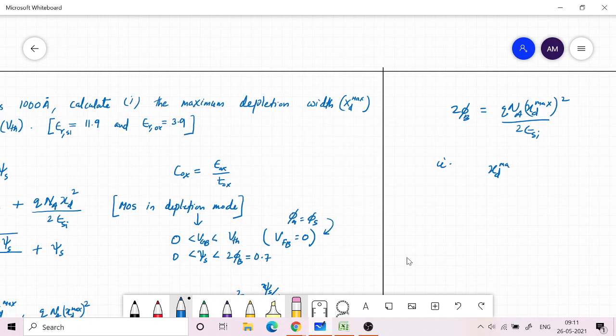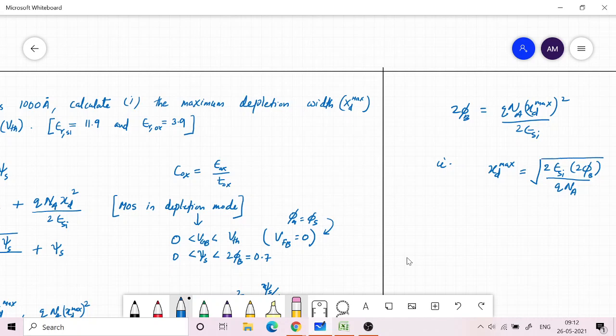XD max is going to be equal to square root of 2 epsilon silicon into 2 phi b, divided by QNA, under square root.